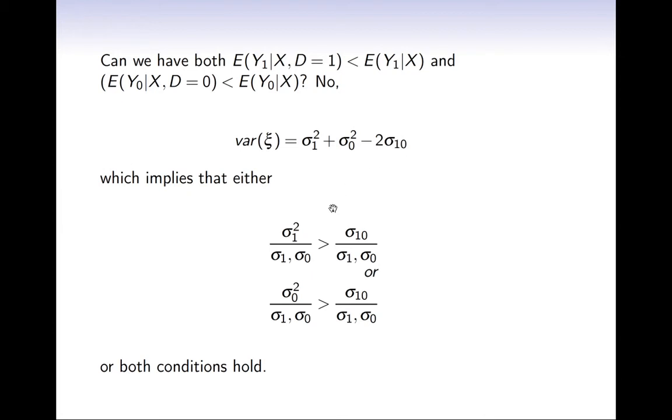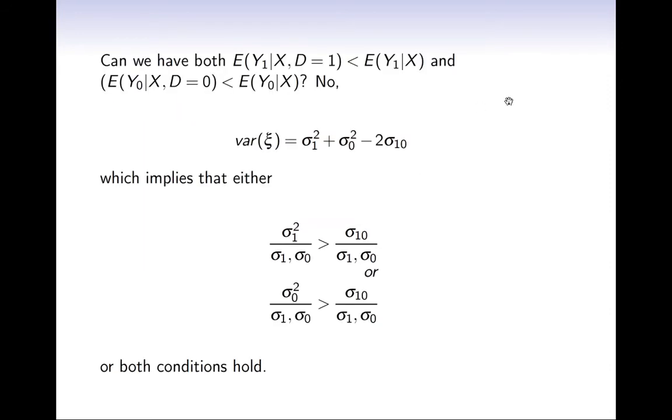And that implies that either sigma 1 squared is greater than sigma 10, or sigma 0 squared is greater than sigma 10, or both could be true. All right, but that implies either rho is less than sigma 1 over sigma 0, or rho is less than sigma 0 over sigma 1. So that means you cannot have negative selection in both sectors. You could at most have negative selection in one sector, and that's all from the fact that this variance has to be positive.